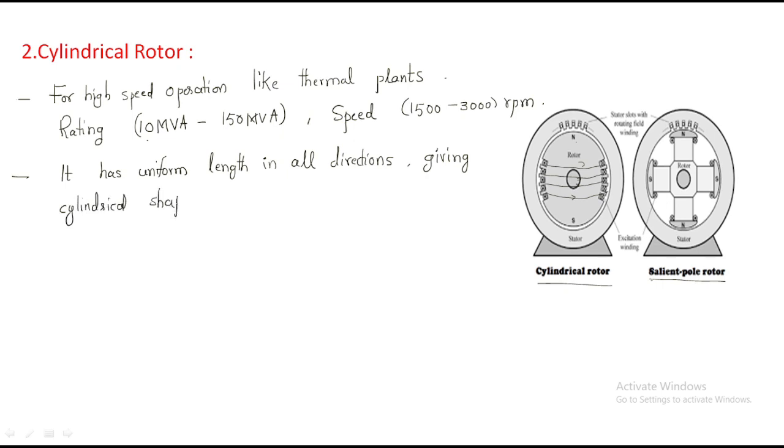But in the salient pole rotor there are projecting poles, that's why it doesn't have a cylindrical shape. And this shape will provide uniform flux. That is the reason. In order to produce uniform flux, this type of cylindrical shape is required.